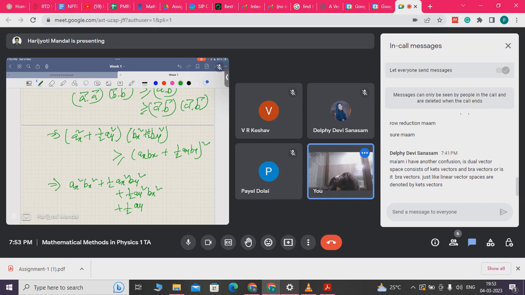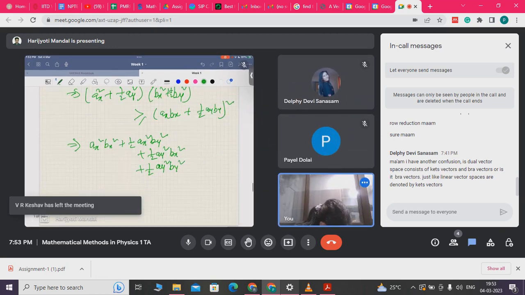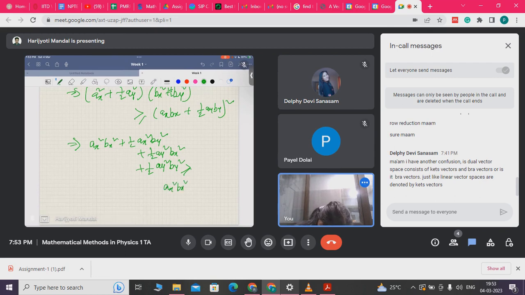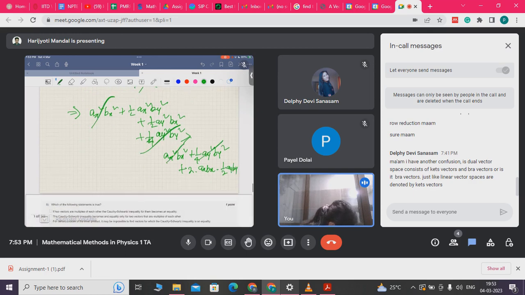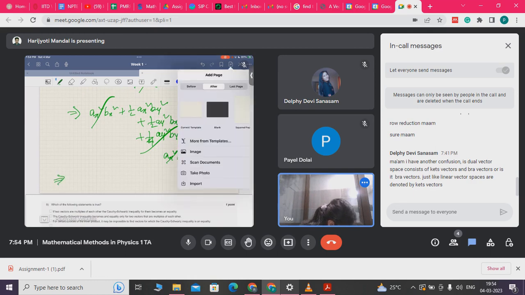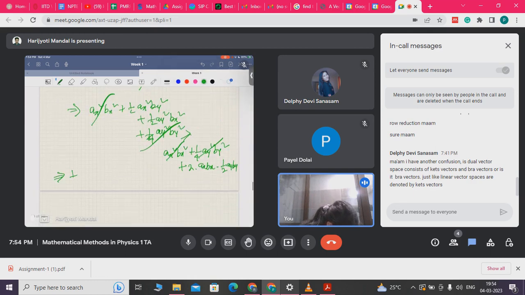It will be AX square BX square plus half of AX square BY square plus half of AY square BX square plus half of AY square BY square, which needs to be greater than or equal to AX square BX square plus 1 by 4 of AY square BY square, plus 2 into AX BX half of AY BY.